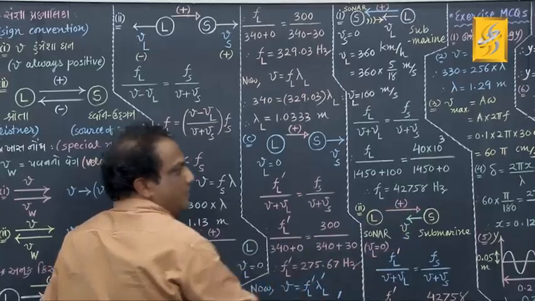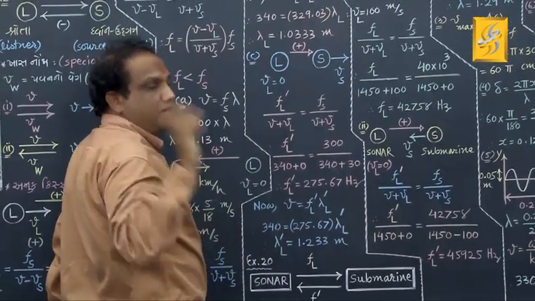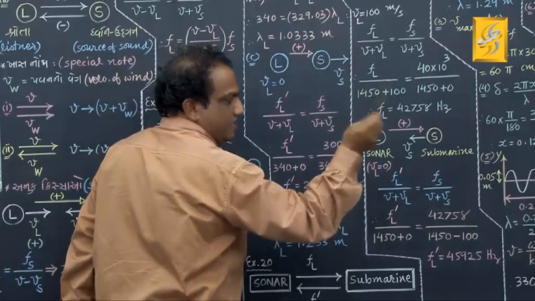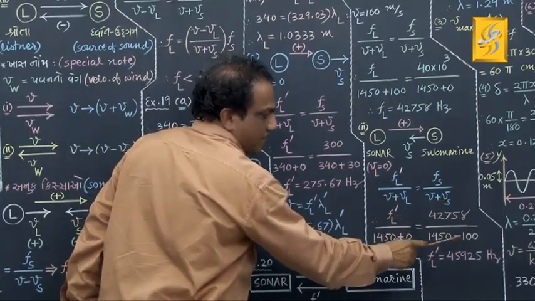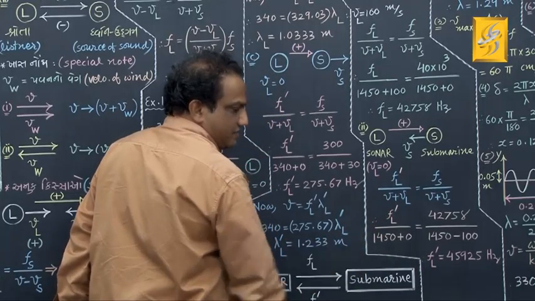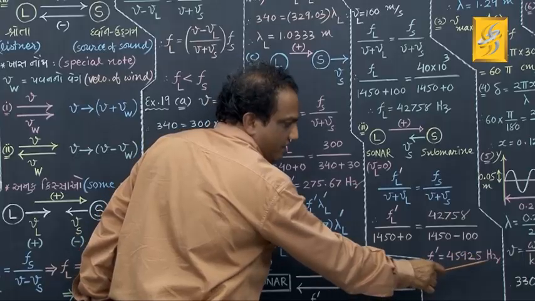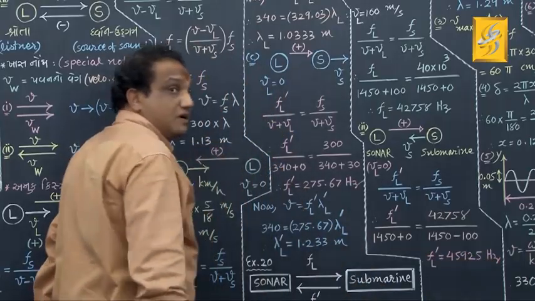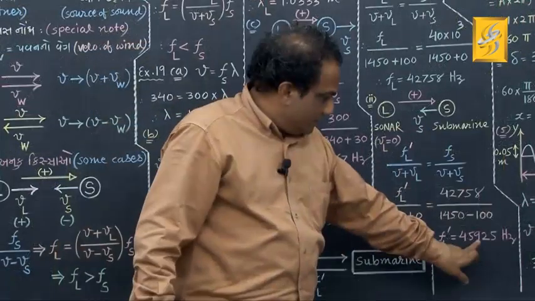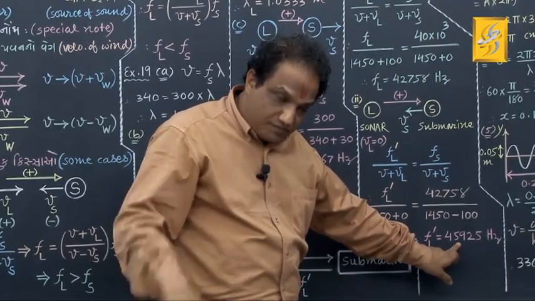But right now, because it has the opposite direction, we should take it as minus 100. So Vs is minus 100, correct? Simplify, find out FL dash. FL dash will come out to be 45,925 hertz.